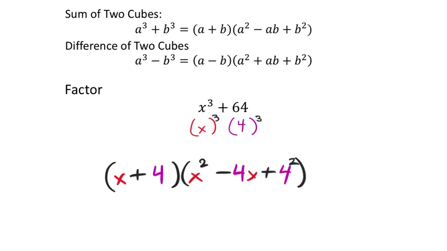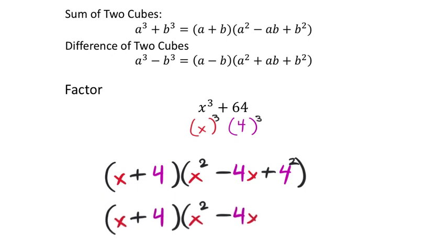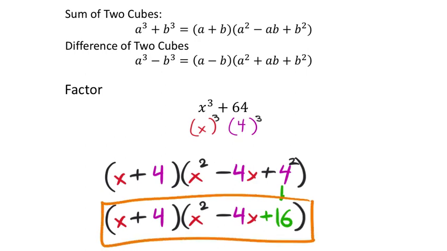So don't forget to look at the formula for that if you need it. That is why it's important, because I can't do anything else with the rest of this, but the 4 squared, I do need to show as a positive 16 right there. And then this is our final expression right here.